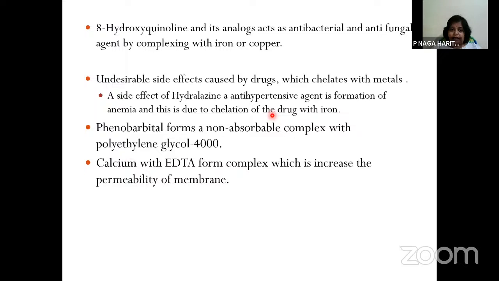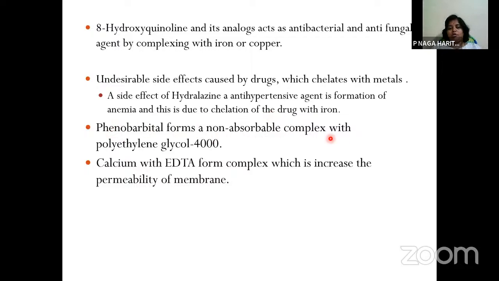So when hydralazine is taken as an antihypertensive drug, there will be a reduction in the iron in the patient's body because hydralazine is going to form a complex with the iron produced inside the body from the blood. So when it is binding the iron, iron is not available in the blood. That is why there will be a condition called anemia.